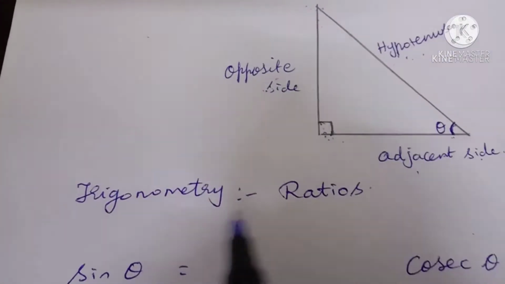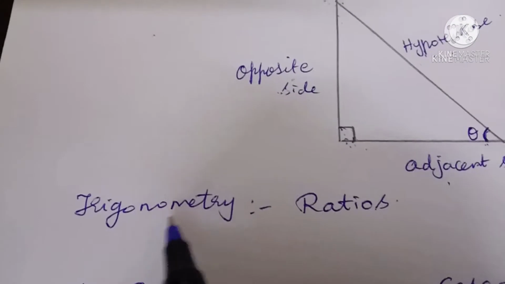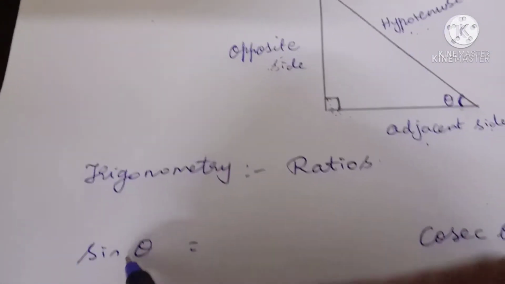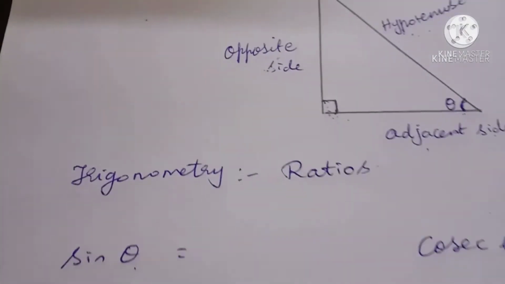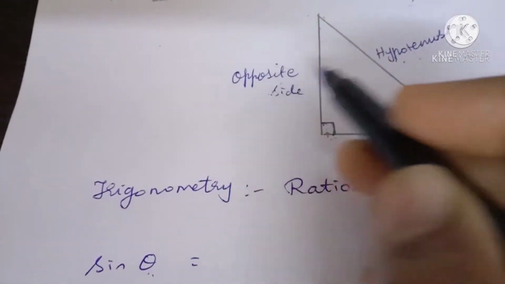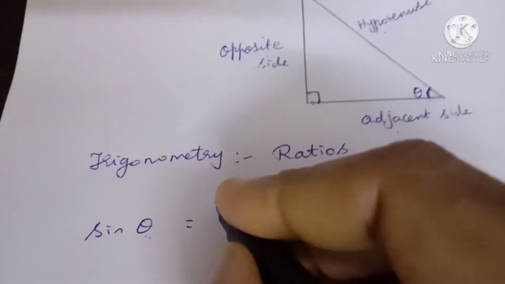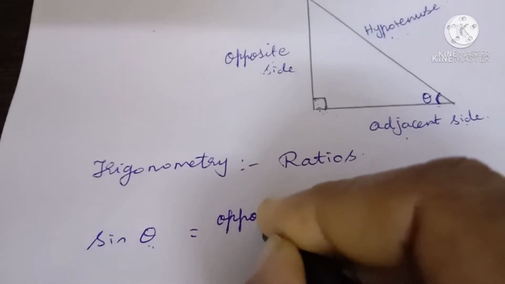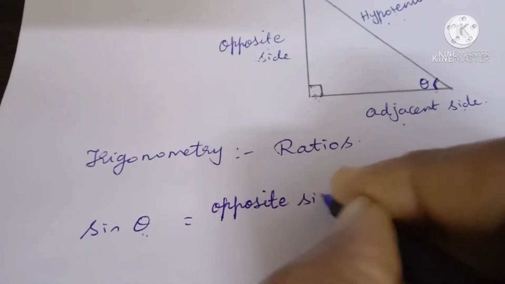Now we are going to see the ratios of trigonometry. First one is sin theta. Sin theta is opposite side by hypotenuse.